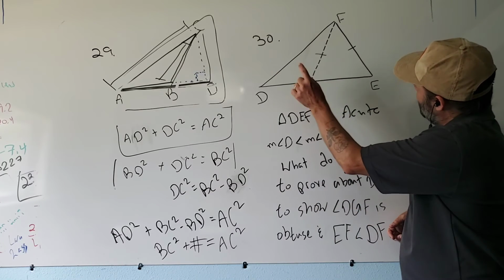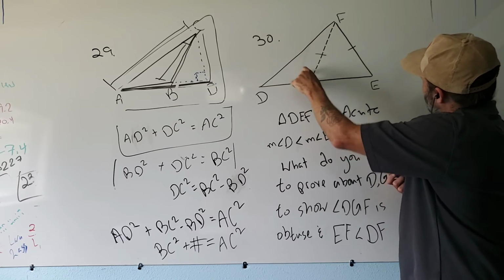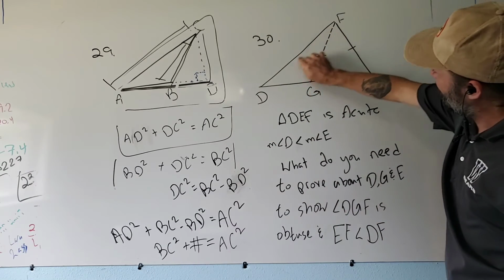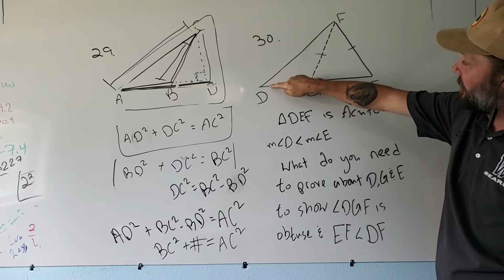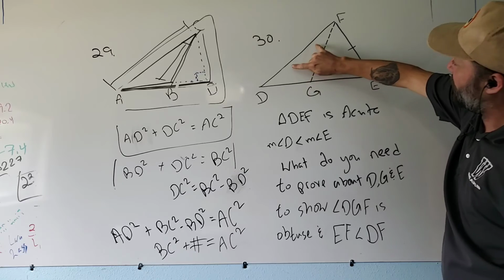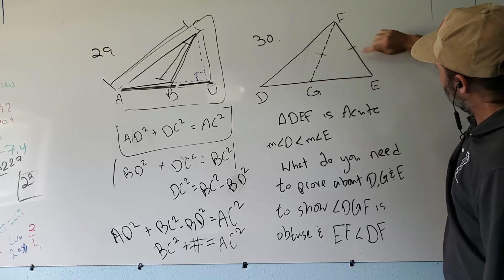Which means this is an obtuse angle, and in this little triangle, this guy is the biggest angle, so that's the largest side. Which means this side is shorter than that side, because this angle is acute by the beginning of the problem. So an acute angle makes a shorter side than the obtuse angle. So this side is longer than this side. This side is the same as that.